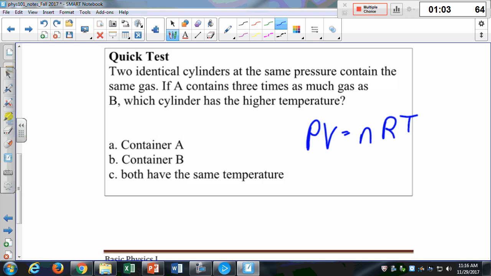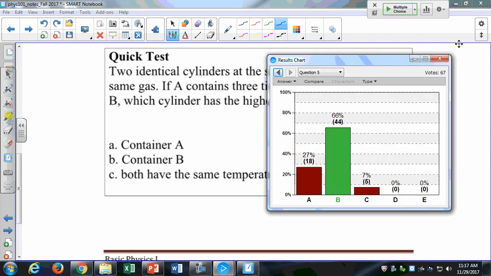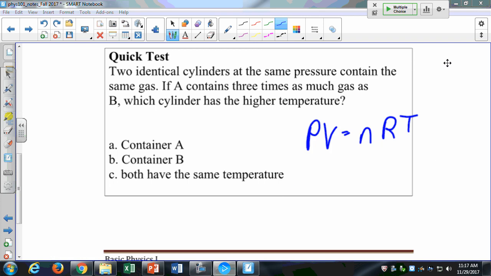All right, let's stop at 110. This seems counterintuitive, but the answer is B, that the one with less material has a lower temperature.